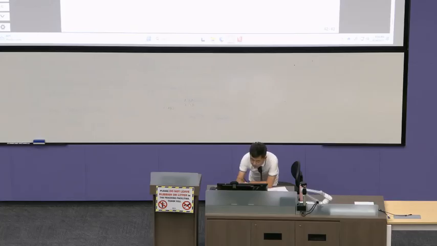And then let this stopping time tau be the minimum of n such that X_n equals 1.